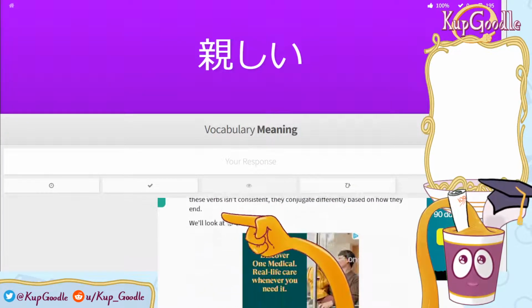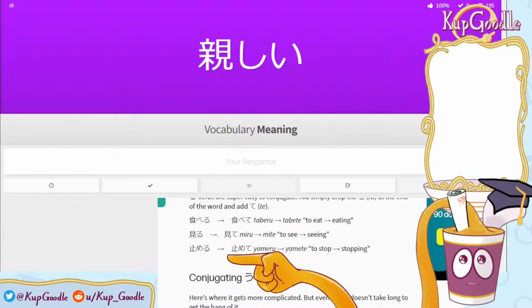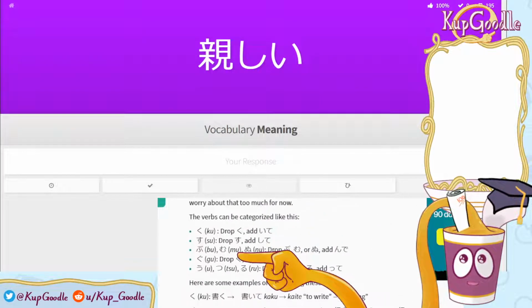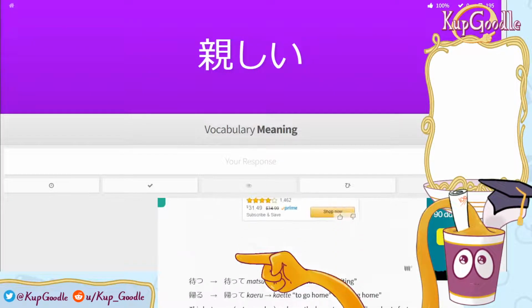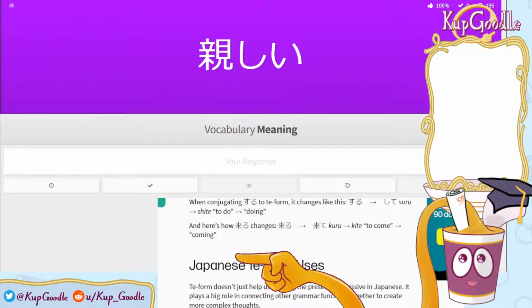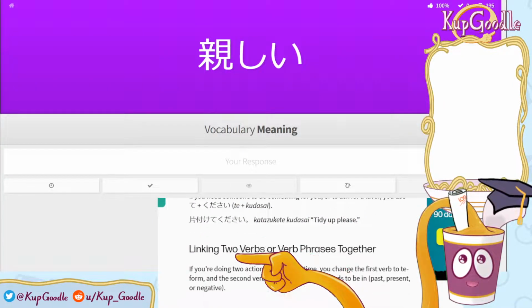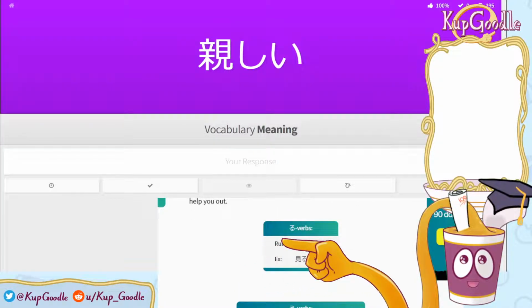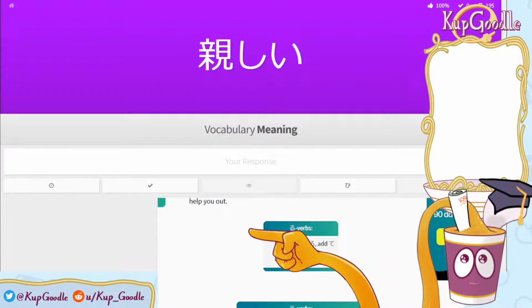So we have the whole list of stuff right here, but I'm going to scroll down to just the chart that we get instead. We've got a helpful chart here on how to conjugate different te forms.